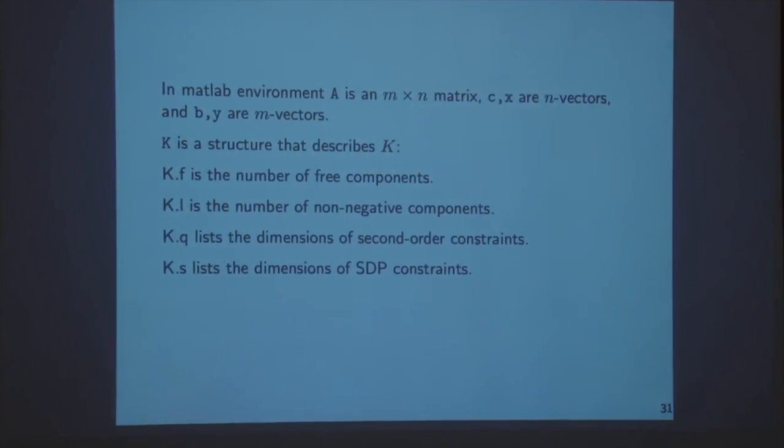Can anyone guess what is the major computational overhead that you need to pay when you solve a semi-definite program with interior point methods? Any idea where you could run into that?